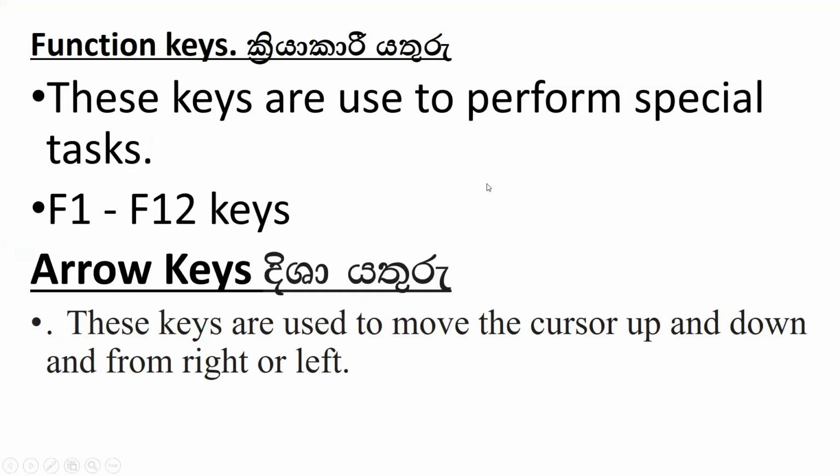These keys are used to perform special tasks. There are 12 function keys. They are named using F1 to F12. These keys are used to perform some special task, right? F1 to F12. Let's see it.